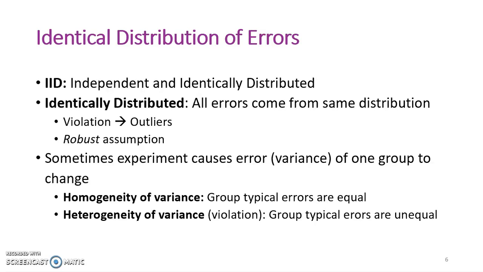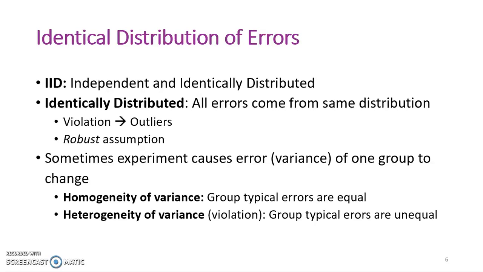Sometimes an experiment will result in one group having significantly larger or smaller typical error than another group. If the group typical errors are not equal or close to equal, one group will influence the results of the analysis more than the other.